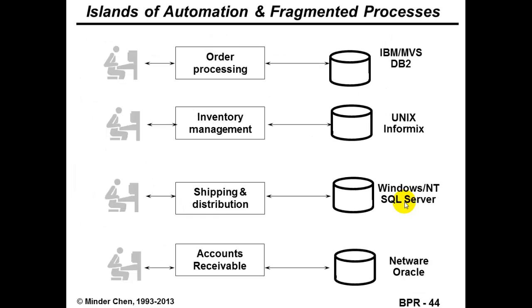Let's first look at a simple example, in which we have different activities, which probably use different system applications dealing with different backend databases for order processing, inventory management, shipping, distribution, and accounts receivable.